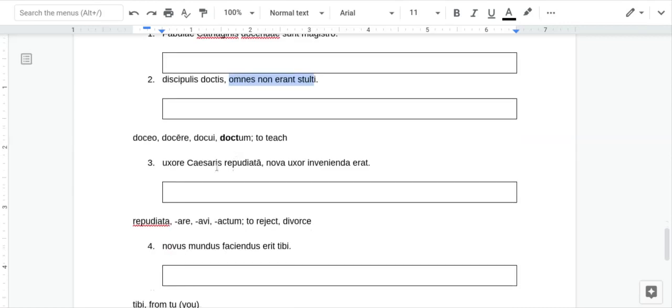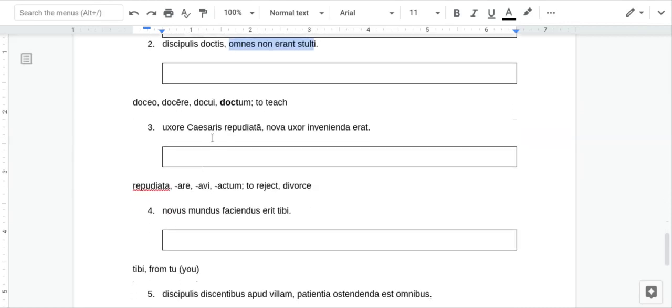Number 3, with the wife of Caesar having been divorced. That's your most basic ablative absolute. Repudiata is from the verb to reject or divorce.